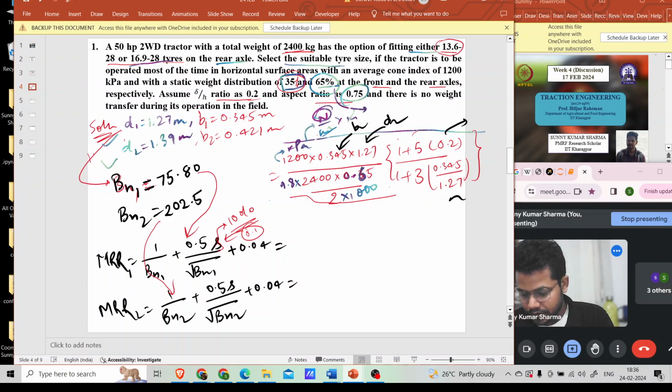0.05 by root of 75.8 plus 0.04, that is 0.059, right?